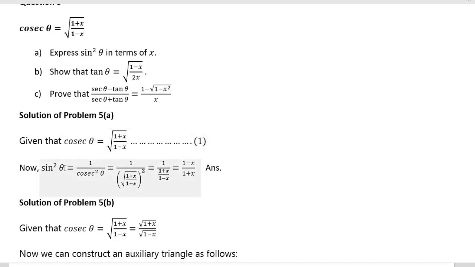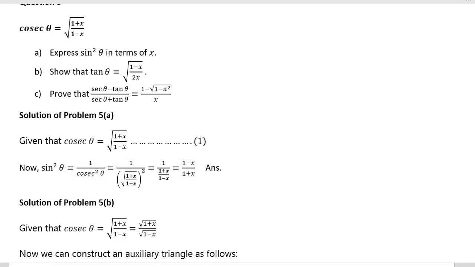So sine square theta equals 1 by cosec square theta equals 1 by, put the value of cosec theta here and put a square here, and square and root will be cancelled. Then 1 by 1 plus x divided by 1 minus x is equal to 1 minus x by 1 plus x, which is the answer.